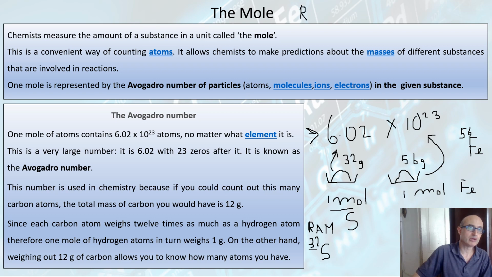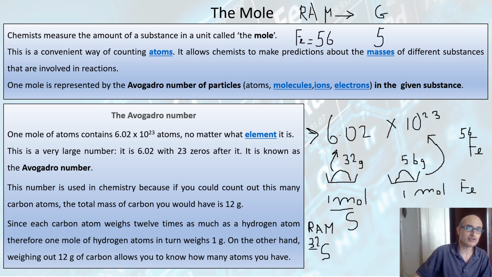Okay, I'll put this down at the top. If you convert the RAM into grams, so if I had, for example, iron, we start off with an RAM of 56 for iron, okay, meaning that each atom of iron is 56 times as heavy as 1/12 of an atom of carbon 12.